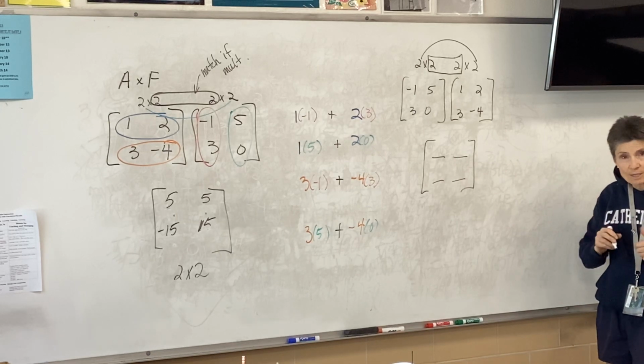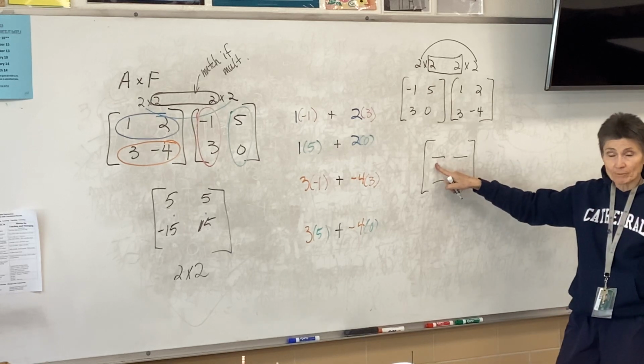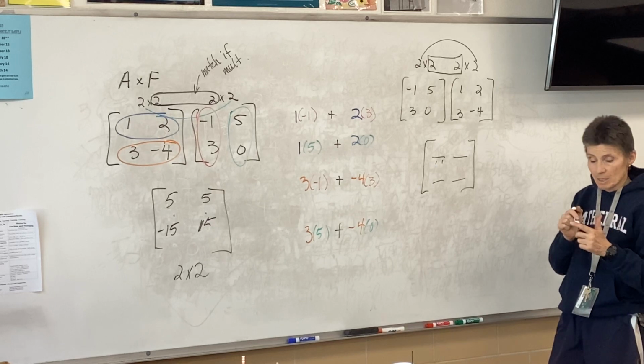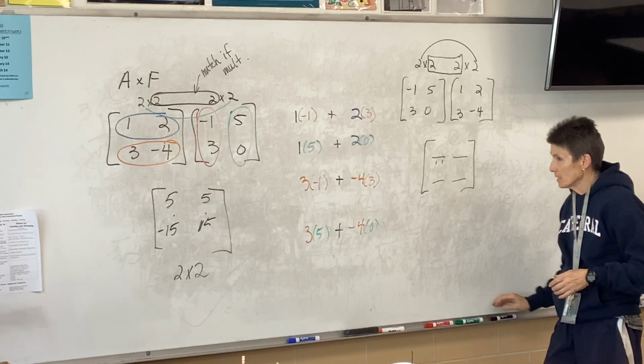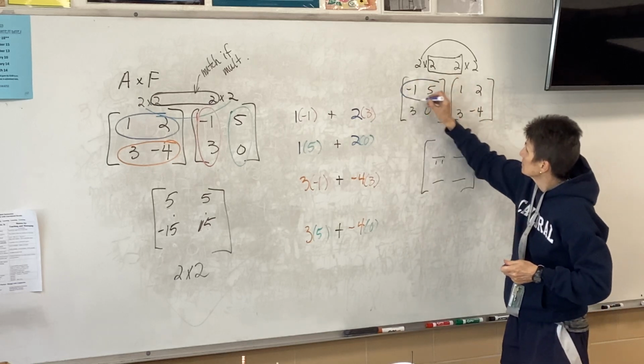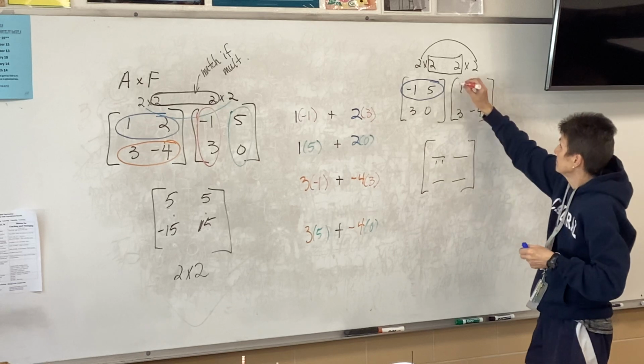So where are the numbers coming from? Well, this position right here is first row, first column. So I'm going to take the first row times the first column.